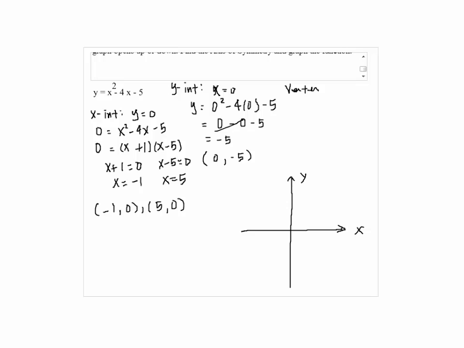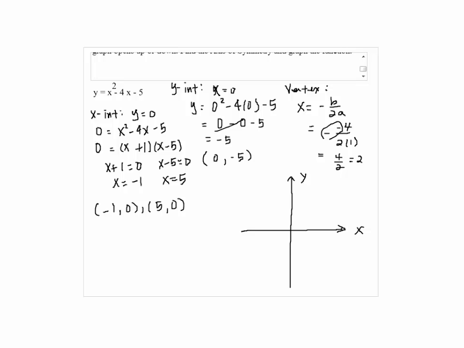The vertex is found by using the formula x equals negative b over 2a to find the x-coordinate of the vertex. So negative b, which is negative 4, over 2 times 1, which is positive 4 over 2, which is 2.